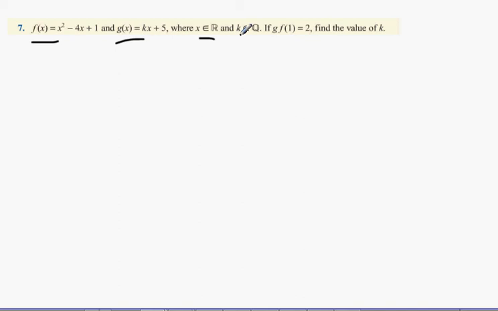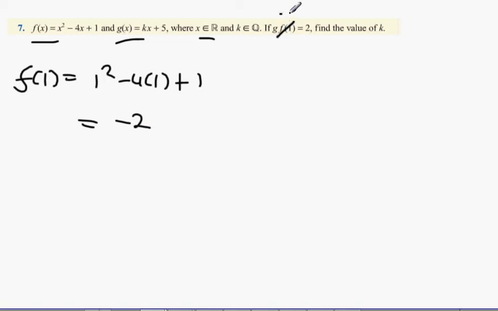g of f of 1 equals 2, find the value of k. First of all, find out what f1 is. What's f1? 1 squared minus 4 times 1 plus 1, which equals 2 minus 4, which is minus 2. Upon finding out that f of 1 is minus 2, you're now finding out g of minus 2. g of minus 2 is going to be k times minus 2 plus 5.